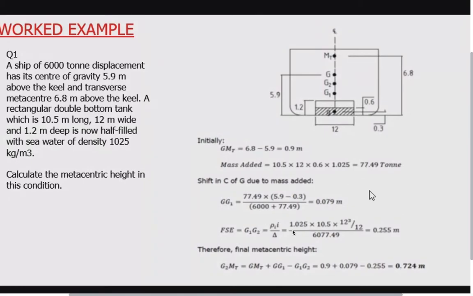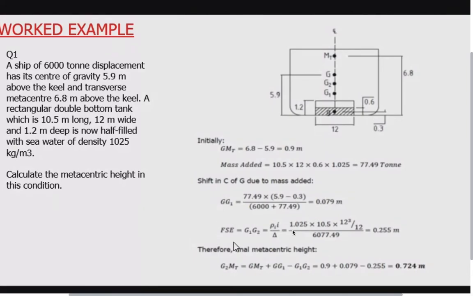So you multiply them, and you add the mass here, that is the displacement, plus the mass added. This is the initial displacement of the ship. And now when you add mass to it, this vessel will go down and the draft will change. So now you can have your changing.